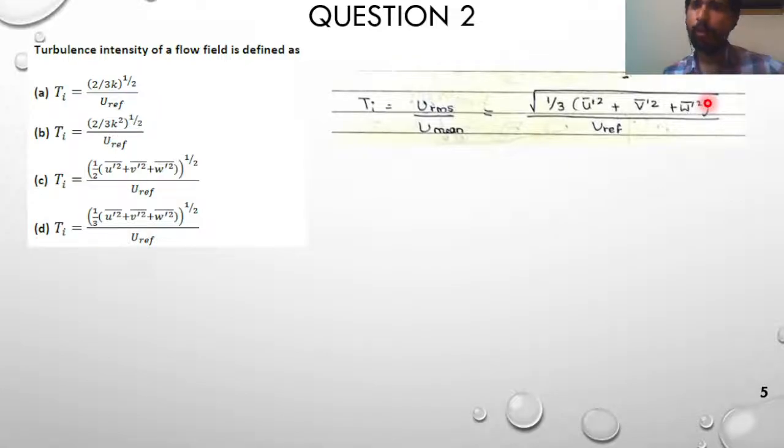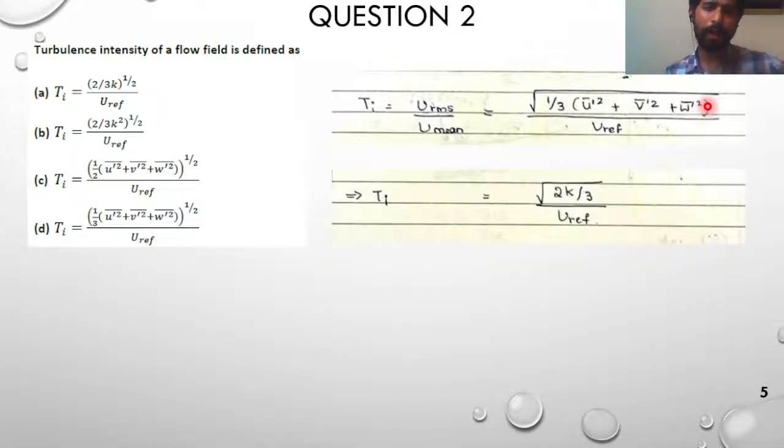If you are ignoring the density, that is the kinematic turbulent kinetic energy, then you can just write it as 2K. So U dash square plus V dash square plus W dash square will become 2K, and 3 is as it is, and U reference is also as it is.